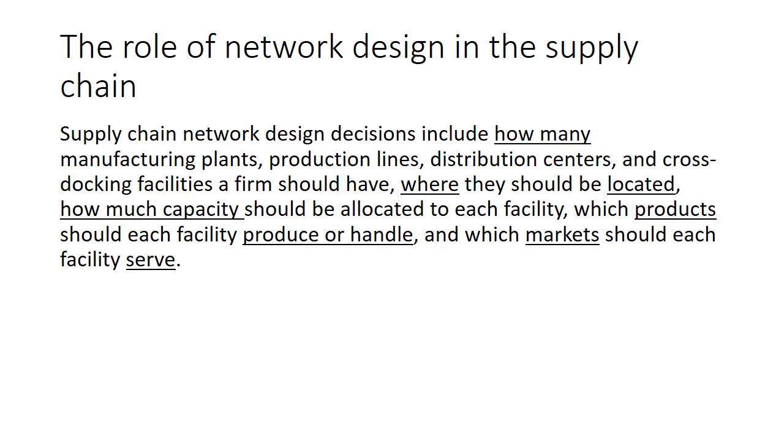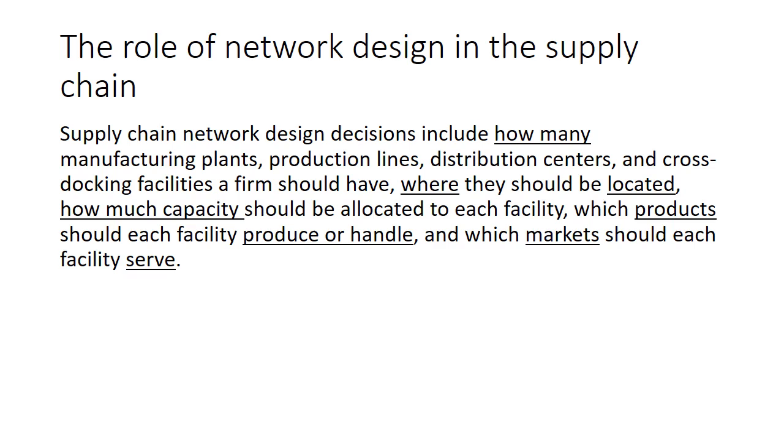These are basically the fixed assets. These assets can be efficiently utilized if we plan out the products which we produce and the products which we handle in our warehouses, distribution centers, and cross-docking facility. This we need to decide first.